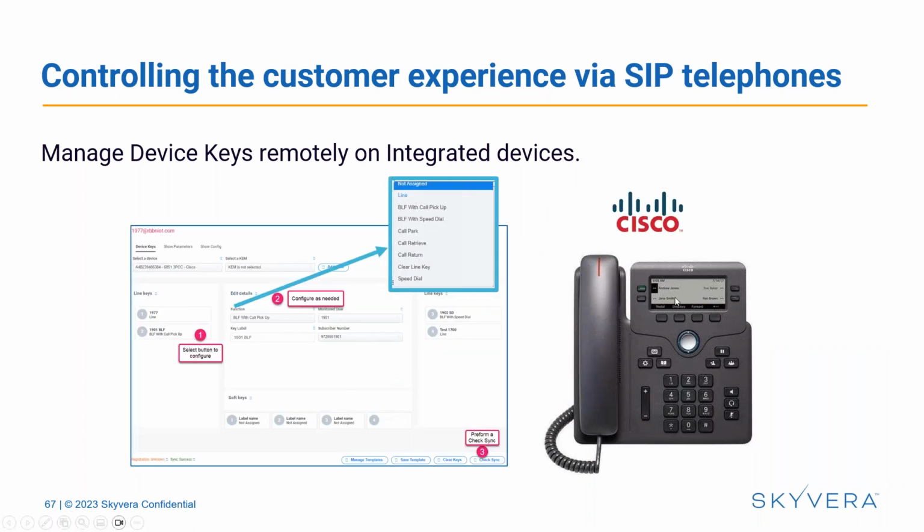In addition, from the admin portal, you can manage device keys for Cisco phones. It's a slightly different interface for Cisco devices, but again, you can customize those device keys, add BLF, whatever it is that you want to do on the phones.